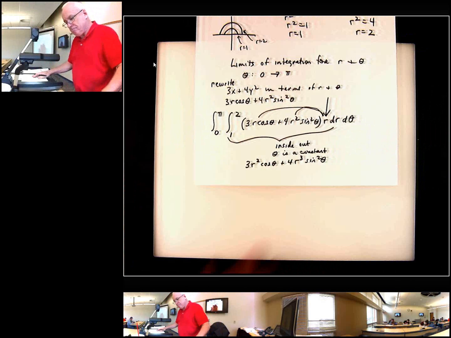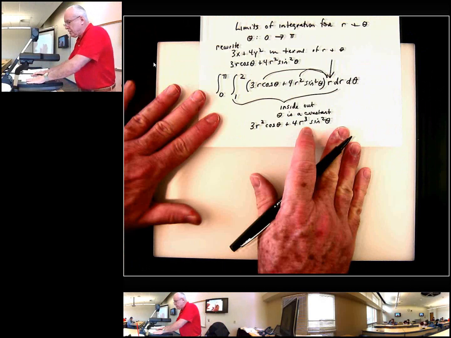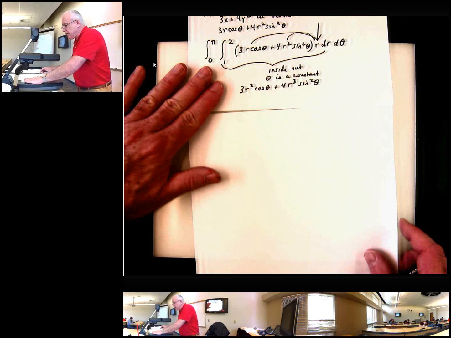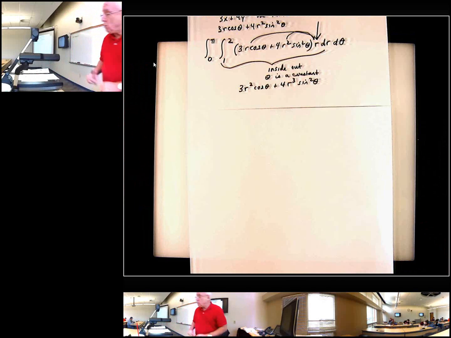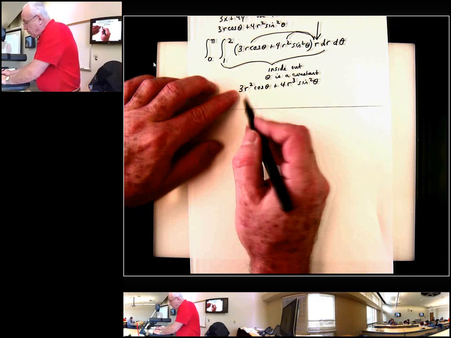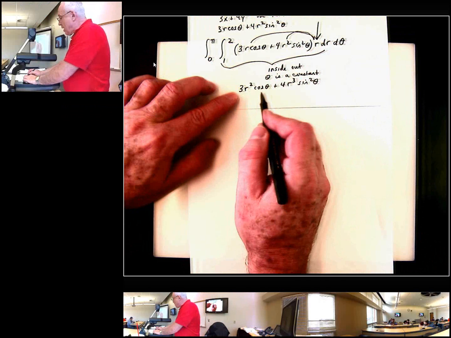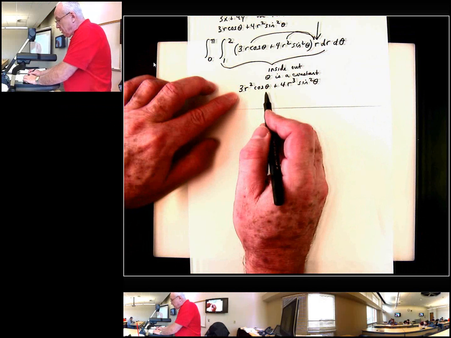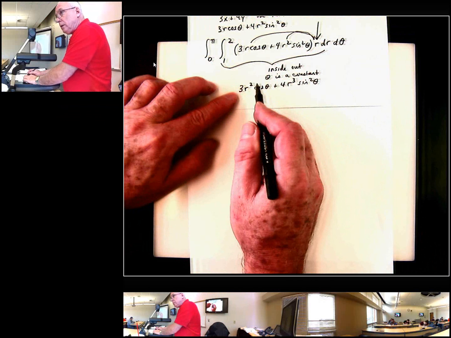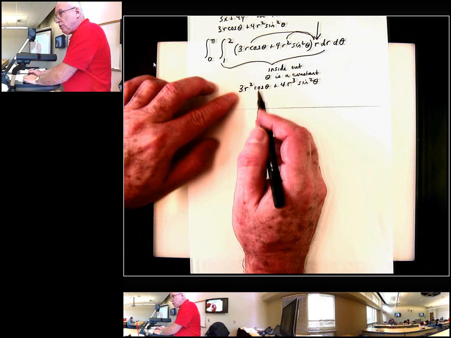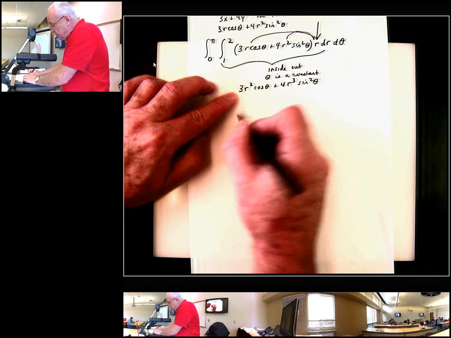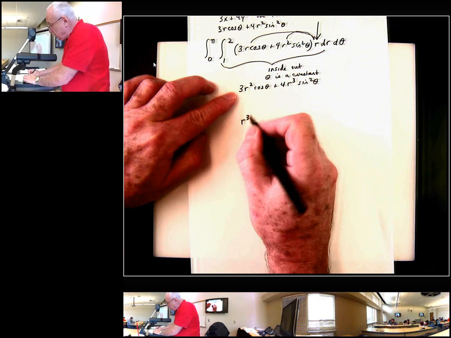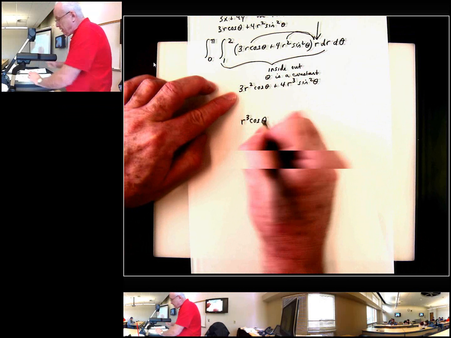Okay? And now let's get the antiderivatives of those 2 terms. Theta is a constant, so that's going to just stick around as cosine of theta. 3r squared is going to be 3r to the third divided by 3. So that's going to be r to the third cosine of theta.